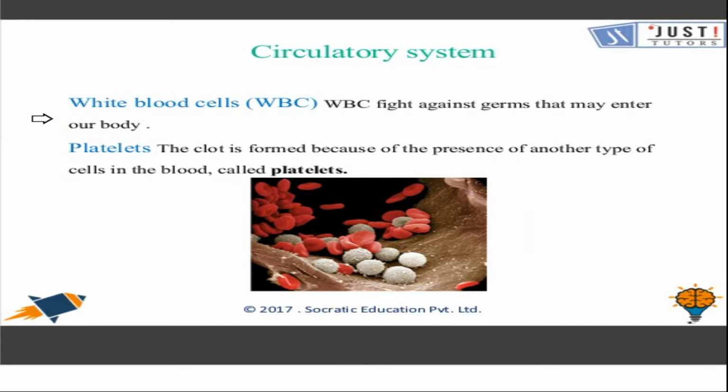So these are the two other components. The second is white blood cells. WBC fight against germs that may enter our body. Platelets: the clot is formed because of the presence of another type of cell in the blood called platelets. You must have heard this word clot, so blood clot.